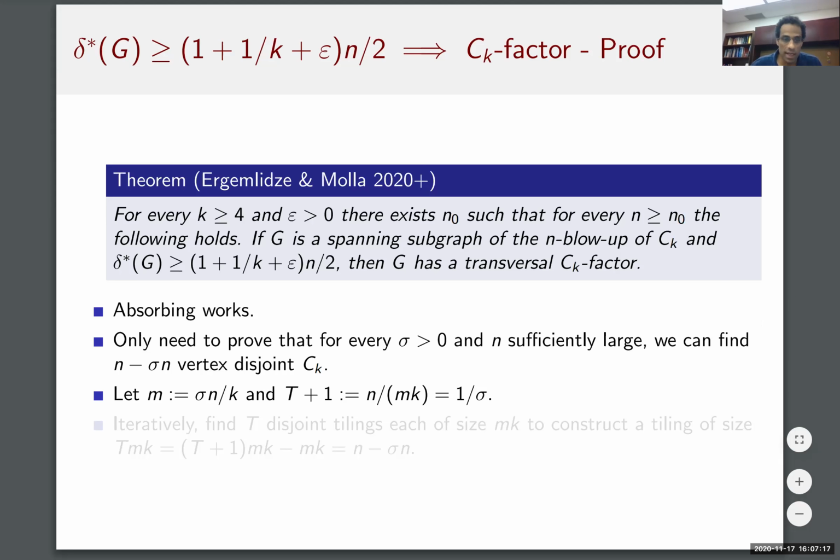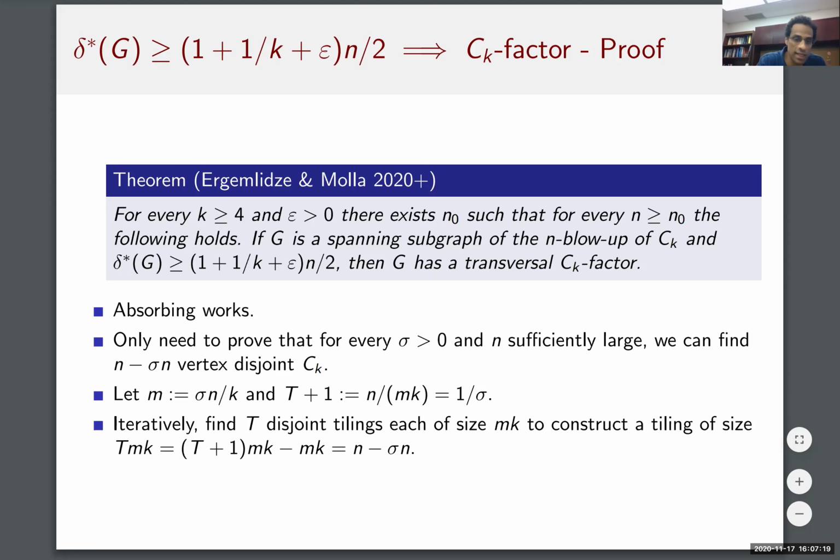Okay, so the idea now is we're going to have t steps, some fixed constant number of steps. Maybe it's a lot, right? Sigma could be quite small, but we're going to have a constant number of steps. What are we going to do? In each step, we're going to find a tiling of size mk.